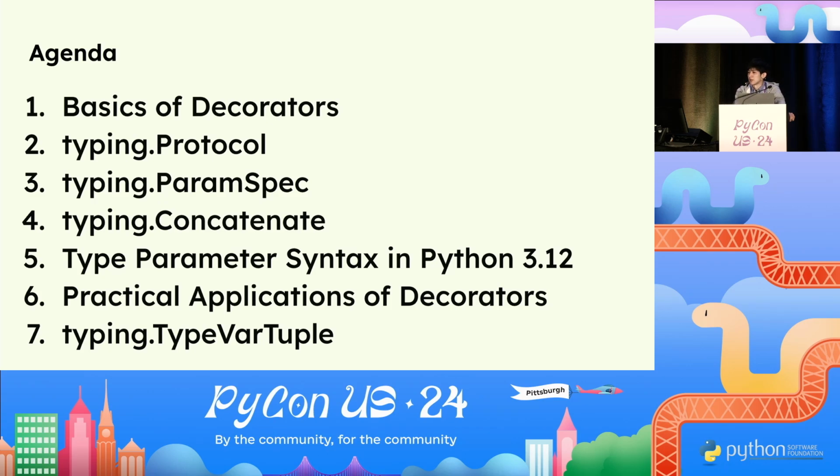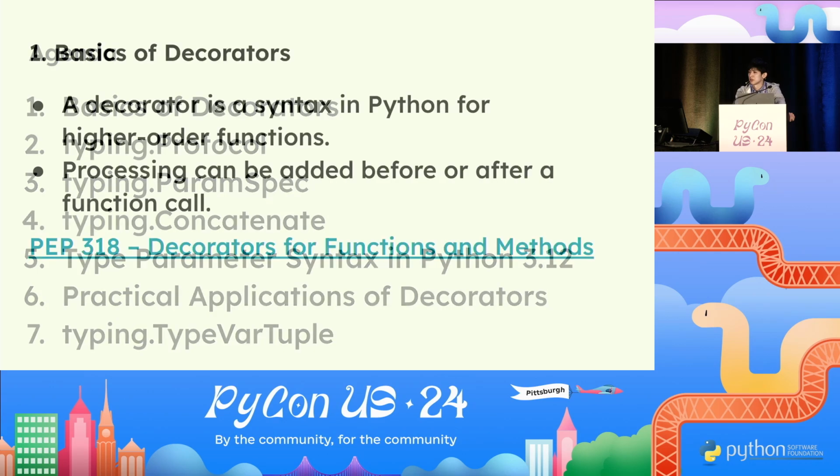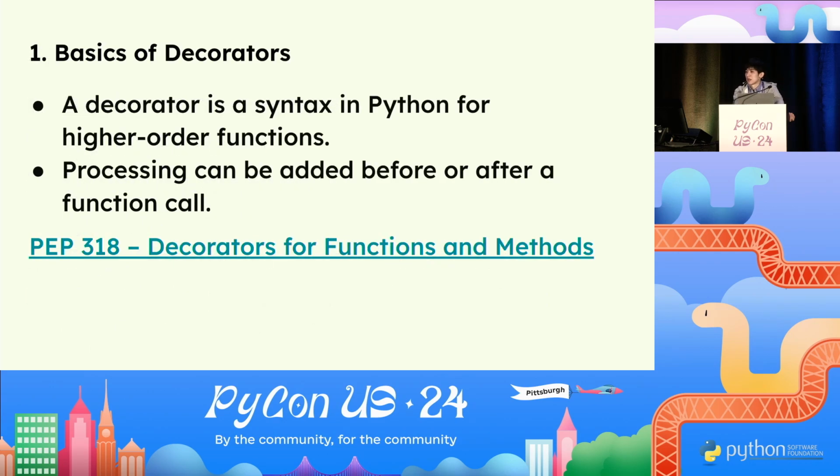We have good features in Python, and I will introduce these features. First, the decorator is a very cool feature in Python. A decorator is syntax sugar in Python for higher-order functions, and we can add processing before or after a function call.